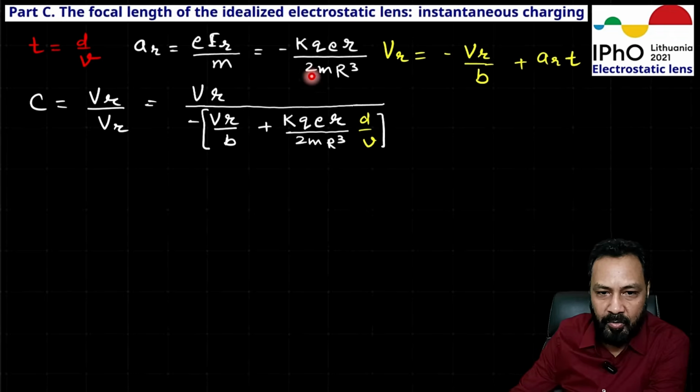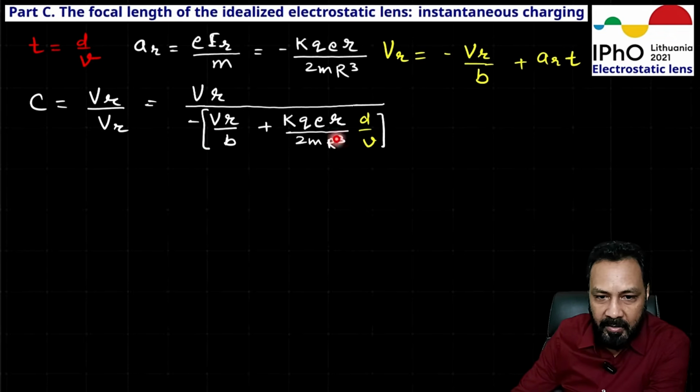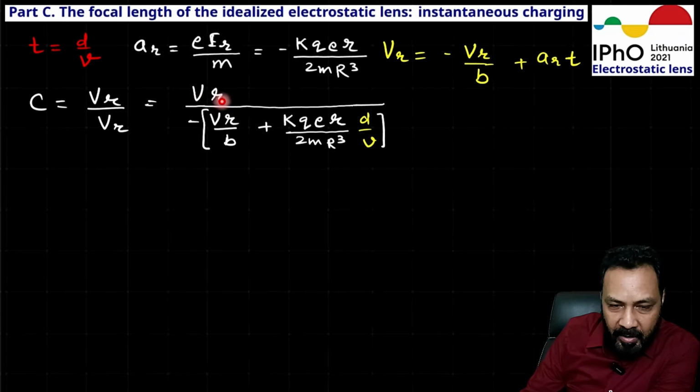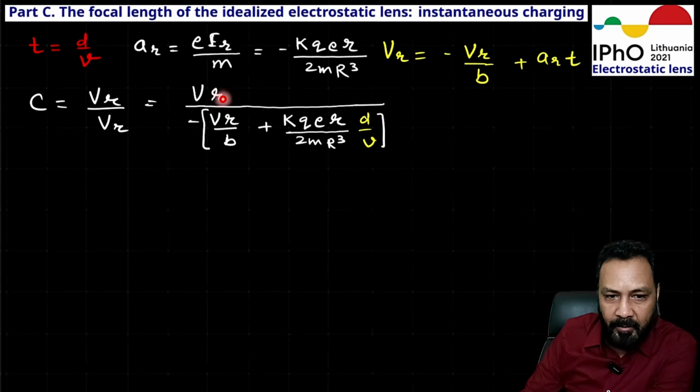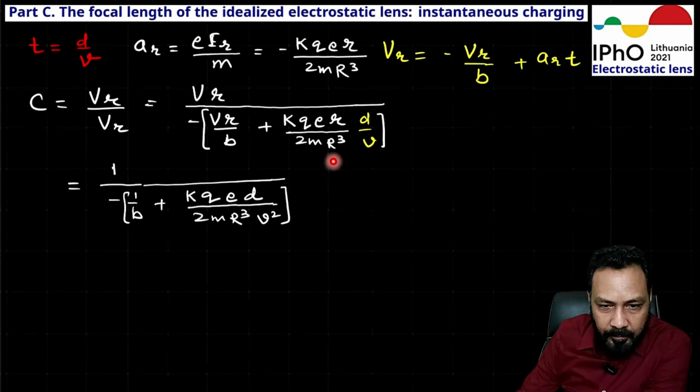In the ar also a minus sign is there, so all the minus sign is taken outside, and t is equal to d by v. So divide the numerator and denominator by vr. If you divide this, that is 1, and that is 1 by v, and dividing by vr, the r will be cancelled in the denominator, and one more v will be there, that is v square.